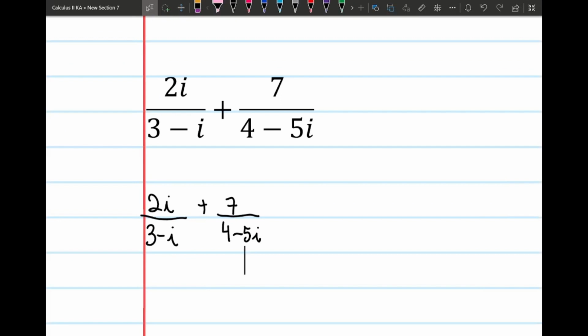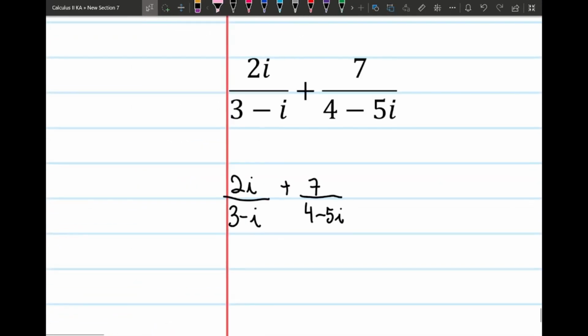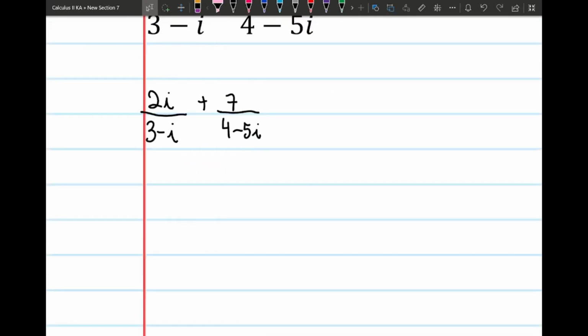So the first thing I'm going to do here is combine my common denominators. I always like to use the formula, and I'm going to write it down here.